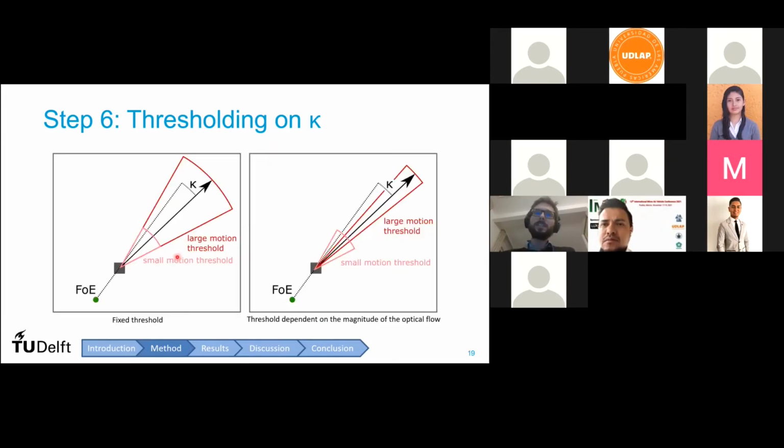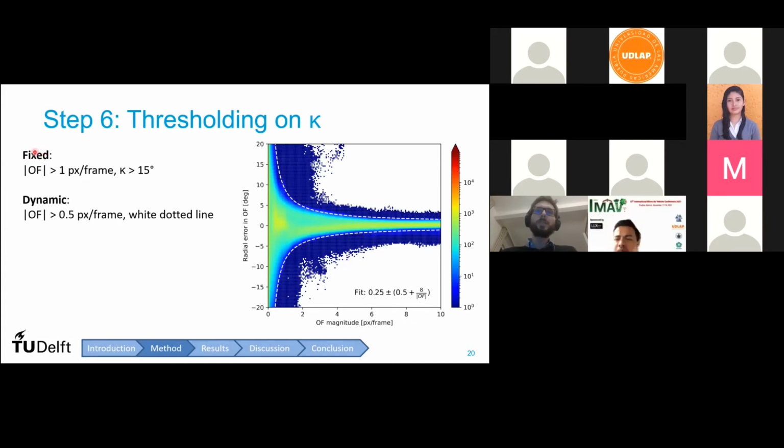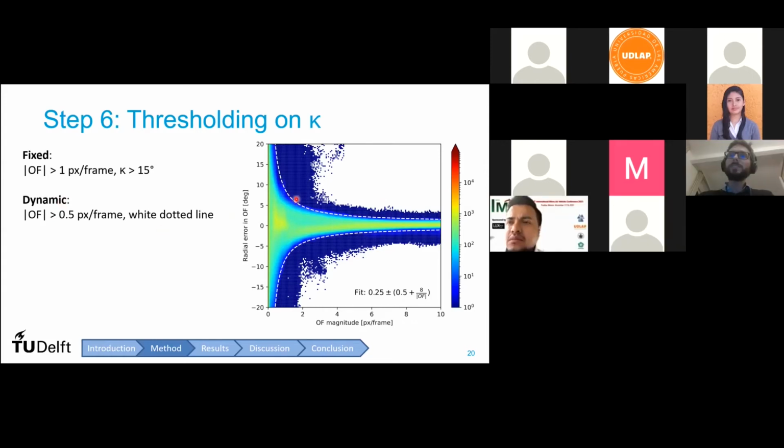And then this would be the same angle far or close. Or we adapt the kappa threshold based on the magnitude of the flow. And that is the image that we will see here. So we have the flow magnitude here on the x-axis. And we see indeed that the error in the flow, that this angle becomes smaller if you have a bigger flow vector. And we use this to make a fit. And we try out two schemes, one with a fixed threshold, like I said, and the other one with a dynamic threshold. It uses the white dashed line in order to determine which kappa to take as a threshold to say, okay, this is a dynamic point.